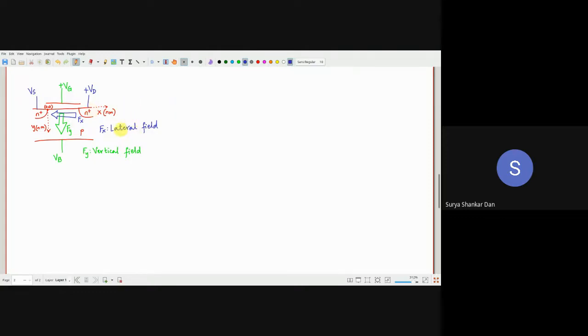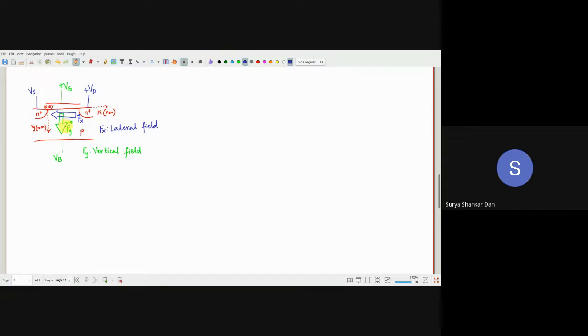So we have essentially got two different fields acting simultaneously, one is this Fy, the other one is Fx. The most important part to understand is that fields are vectors, so let me put the vector signs. If they are vectors, then they are mutually orthogonal to each other.